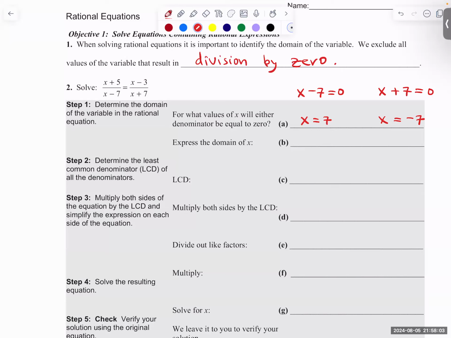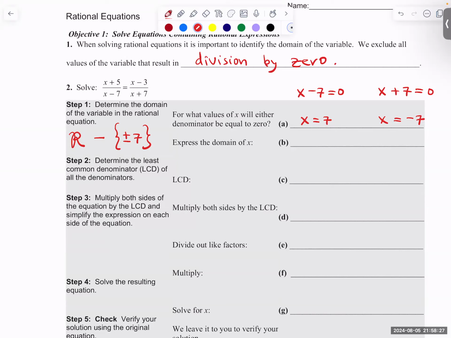So we can express the domain in different ways: all real numbers except, looks like a subtraction sign, positive 7 or negative 7. We can also express it using what is called interval notation.